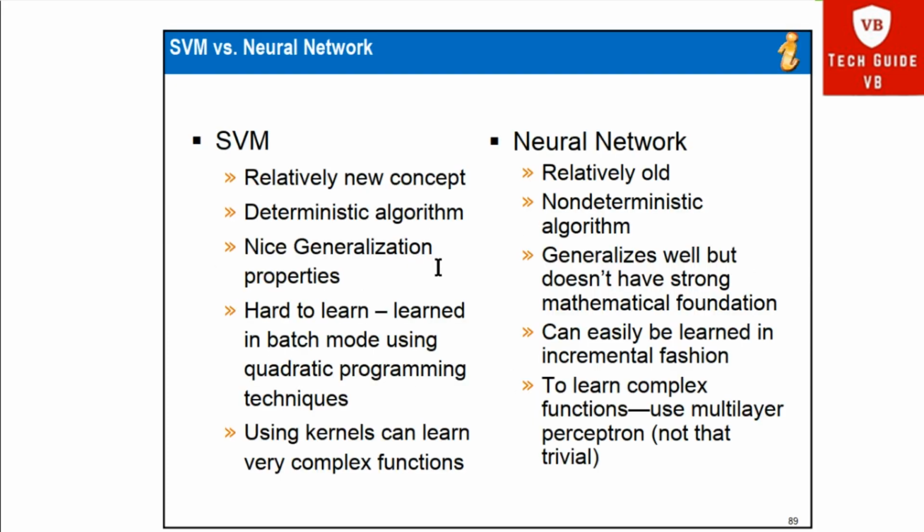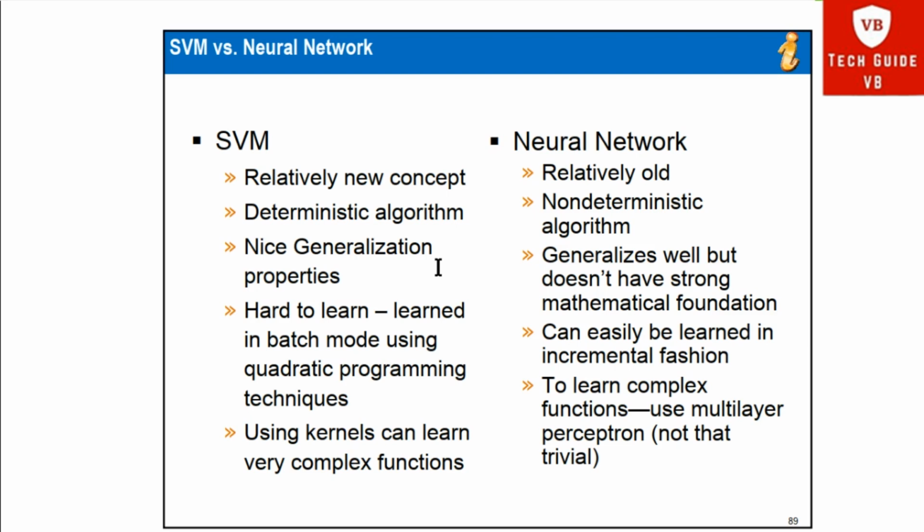So this last part is very important, that is the difference between SVM and neural network. Because these two techniques are very popular and very powerful techniques for classification. But how can we differentiate these two techniques, and when to use SVM and when to use neural network, that is very important.